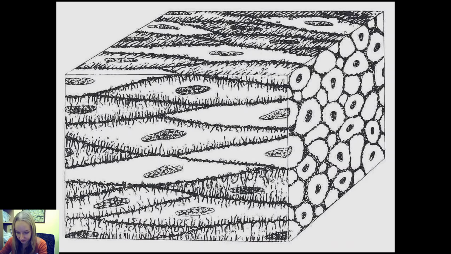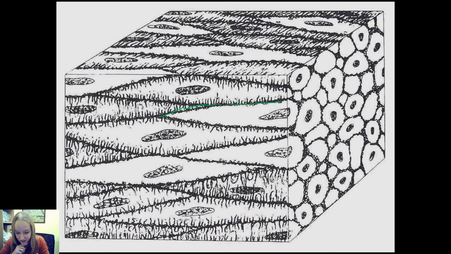So here we can see the diagram of an arrangement of smooth muscle cells. It's like a compact layer. Most of the time it's a compact layer where it's often difficult to observe intercellular spaces.